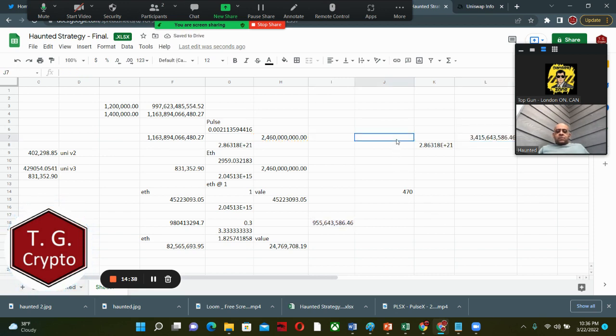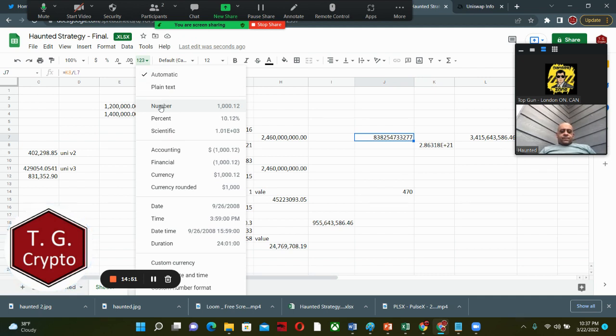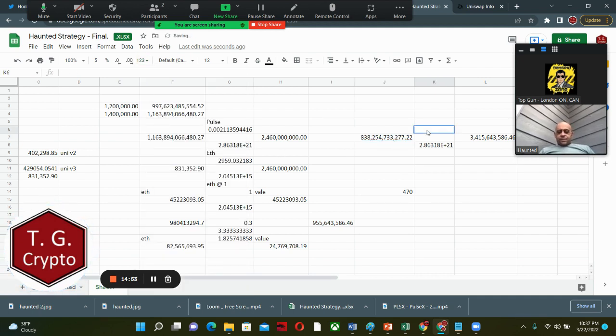And then over here, we are going to say that this will equal K divided by the current economic value, which will leave the remaining amount of tokens within the DEX.